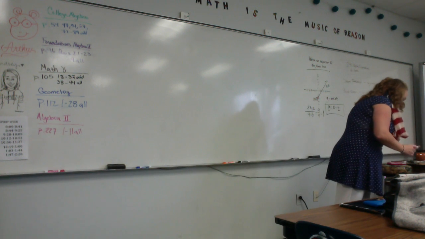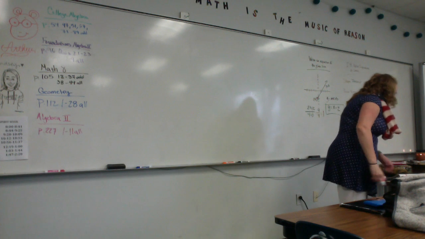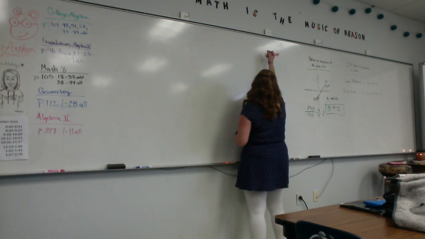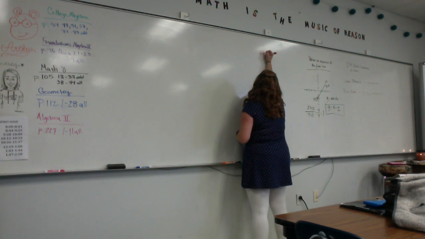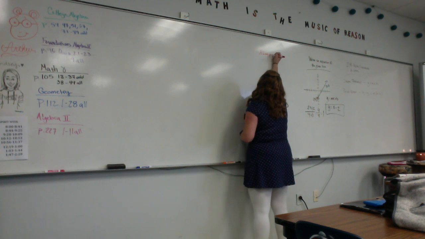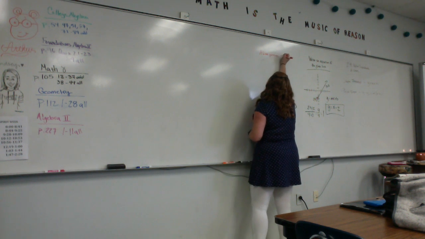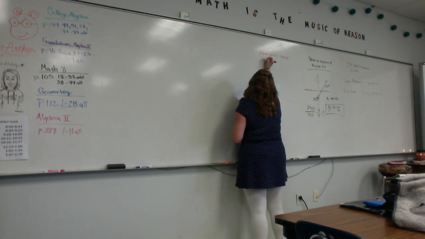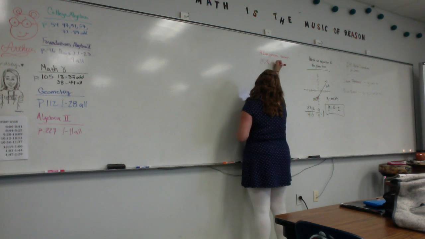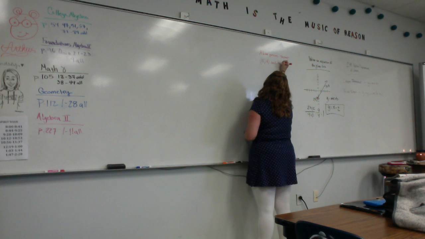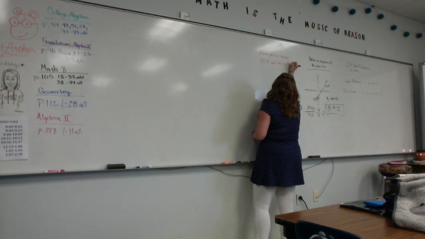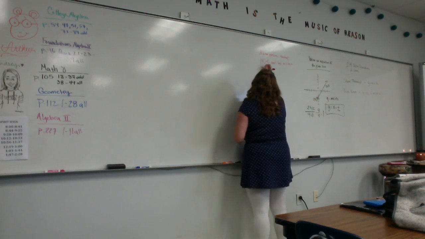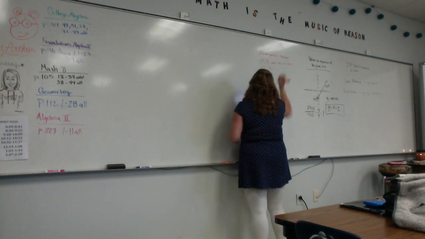If you have a point and a slope, it says you have a line. The line passes through the point 5, 4, and has a slope of negative 3.